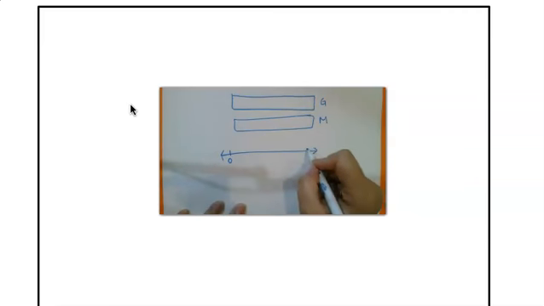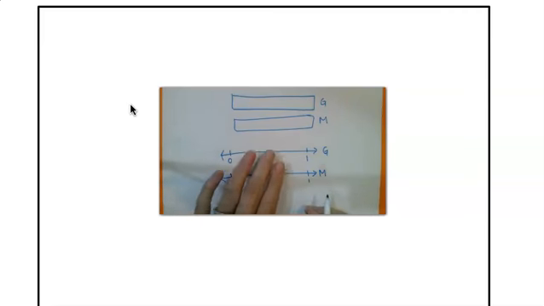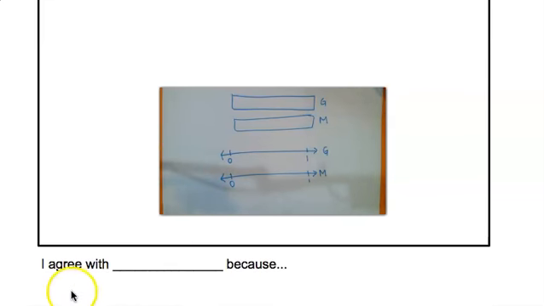You can create a number line to represent 1 whole chocolate bar of Glenn's and 1 whole chocolate bar of Maggie's. Then you can use your fractions to show how much they ate to justify your answer. Remember, there is an I agree with blank because, where you need to answer in words. Good luck.